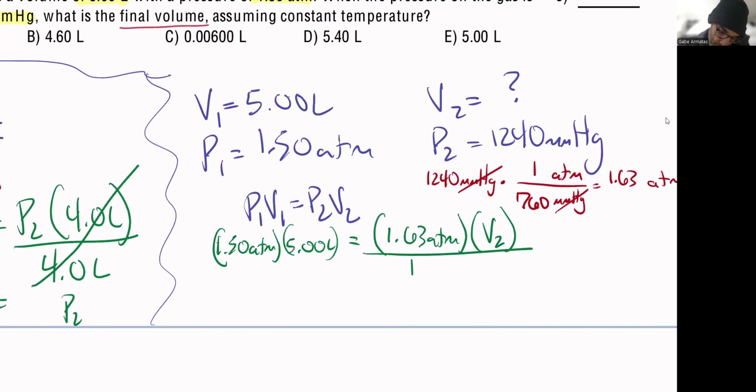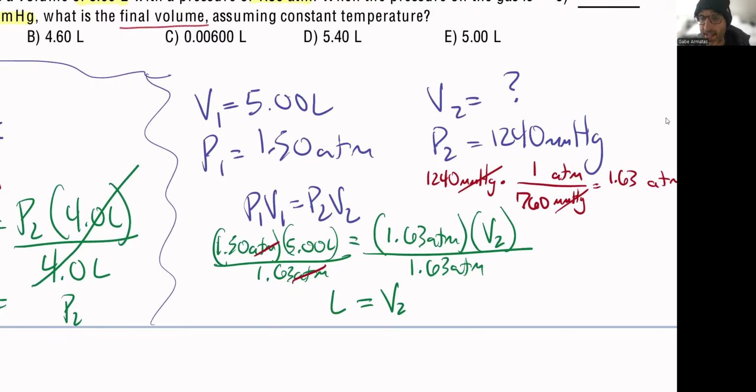So I'm going to divide both sides by 1.63 atmospheres, V2, and divide both sides by the same thing. Can't change that. We're going to see that atmospheres cancels, leaving behind liters. So now I do the math. 1.5 times 5, enter, divided by 1.63, enter, and we have a number.